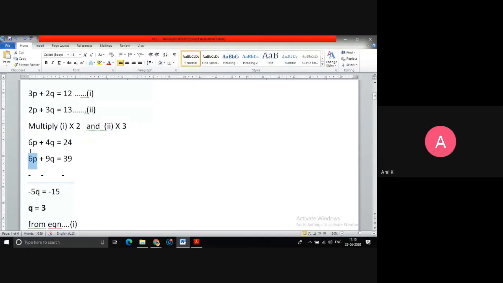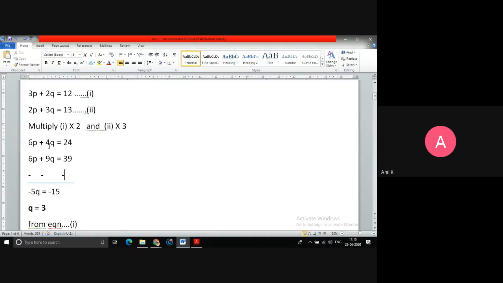When you want to eliminate, I have to subtract them. So you have to interchange the signs. Plus 6P will become minus 6P. Plus 9Q will become minus 9Q. And plus 39 will become minus 39. Now 6P minus 6P will get cancelled.